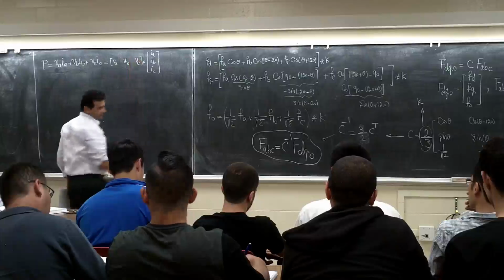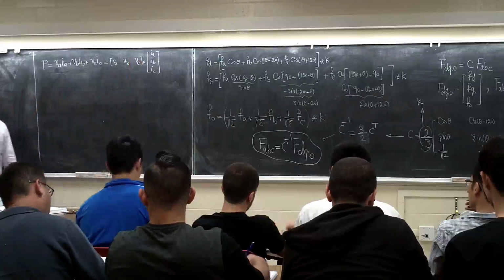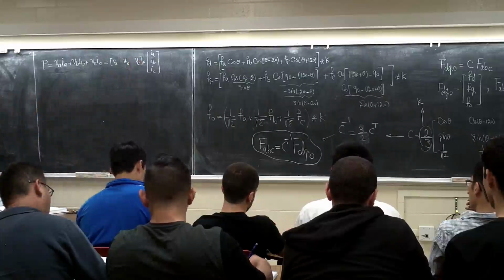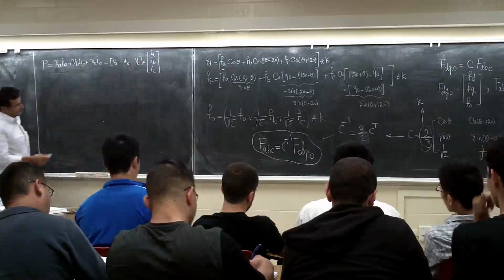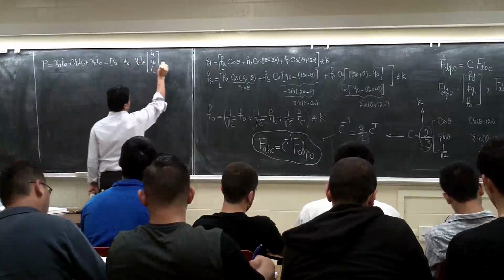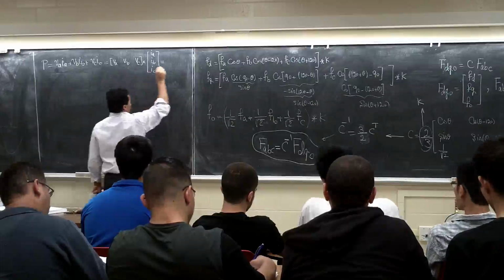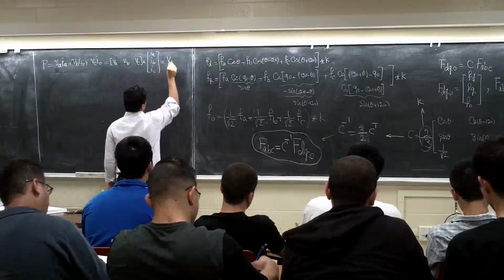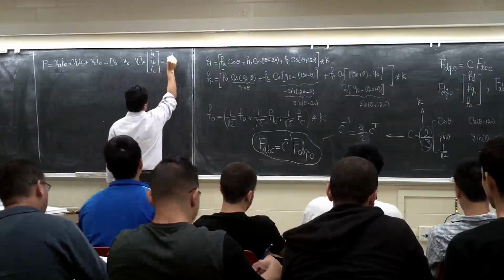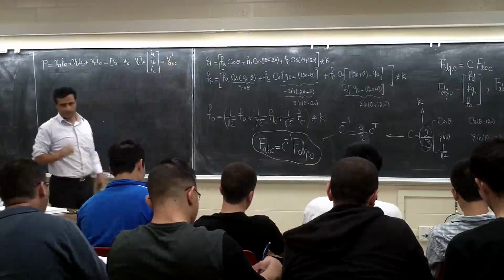This one times this is a 1 by 3 times 3 by 1, which gives 1 by 1, right? So basically, this one is VABC transpose. Am I right?